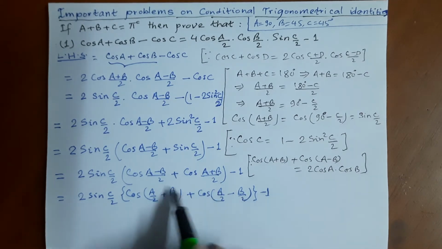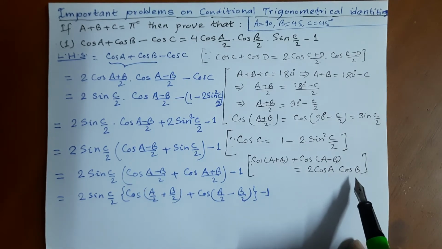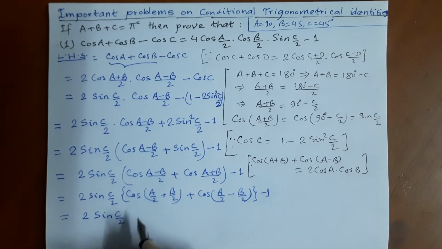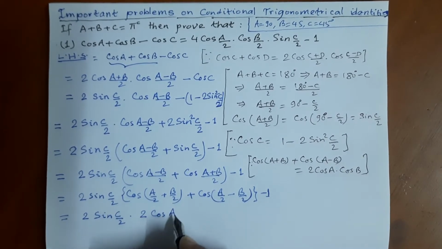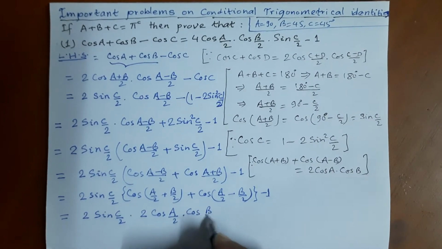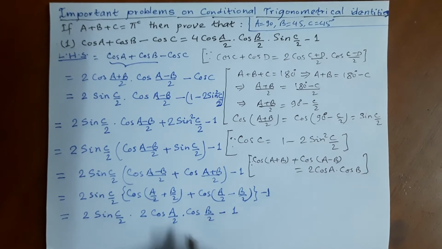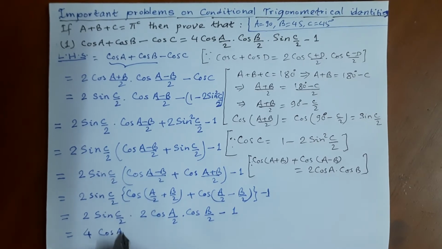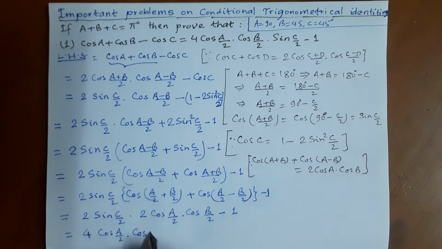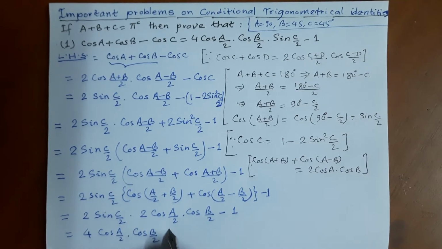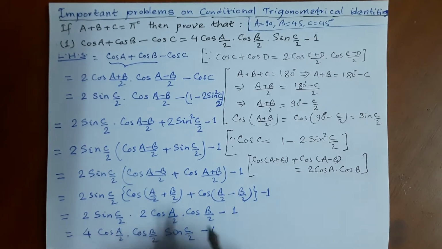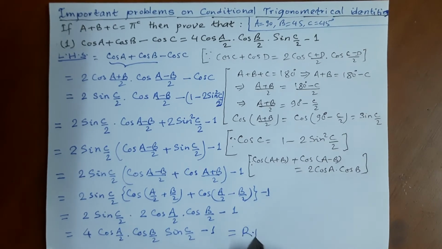So you can write this expression equals 2 cos a/2 cos b/2. This equals 2 sin c/2 times 2 cos a/2 cos b/2 minus 1, equals 4 cos a/2 cos b/2 sin c/2 minus 1, which is RHS equals right hand side.